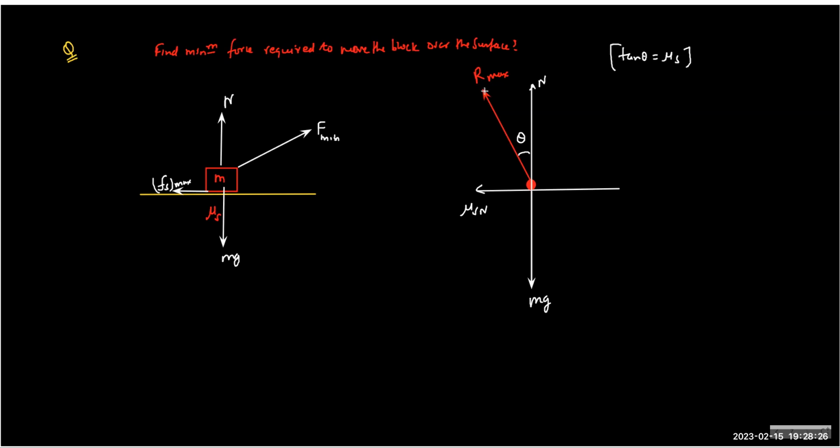For that, we do something interesting. This is R max, and we know this angle is theta. We do have mg also. So mg will be like this.